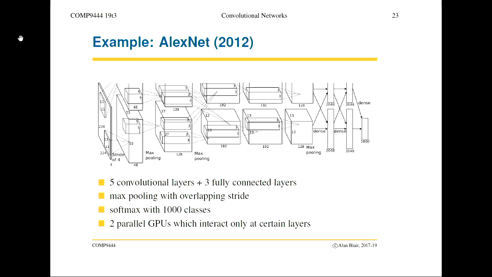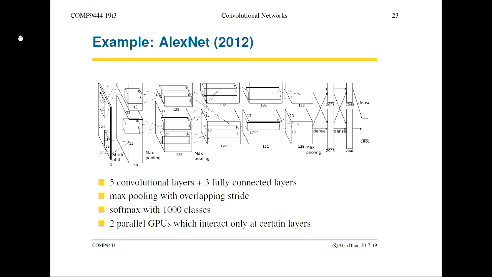So this gets you something that's 55 by 55, and there are 48 filters here. And there are 2 GPUs, so this is being computed on GPU 1, and exactly the same kind of thing is being computed on GPU 2, but with its own weights. Then you do max pooling, which takes it from 55 down to 27.